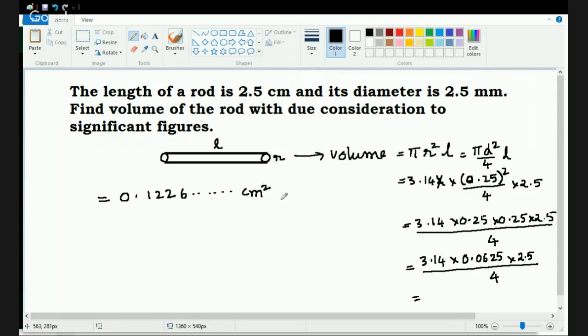Centimeter square. But my answer, how many digits should be there? Only 2 significant digits are expected. So my answer should be 0.12 centimeter square only.